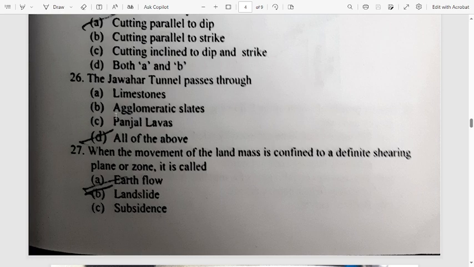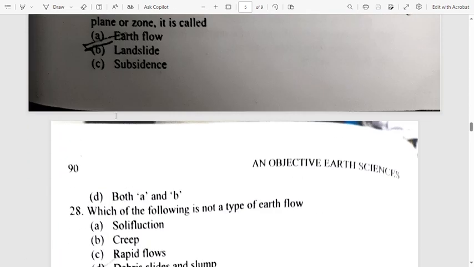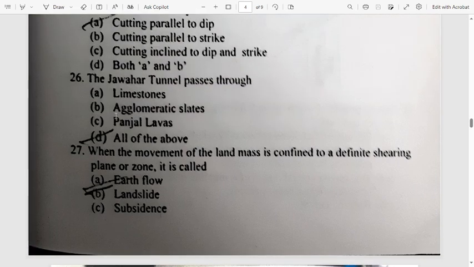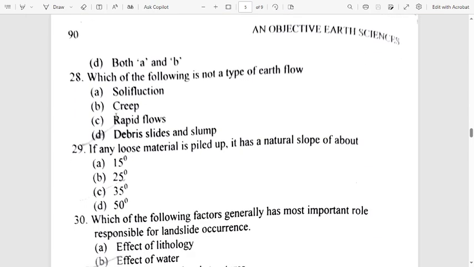When the movement of the landmass is confined to a definite shearing plane or zone, it is called a landslide. Which of the following is not a type of earth flow? Debris slides and slump. Rapid flow, deep solifluction, all are earth flow.